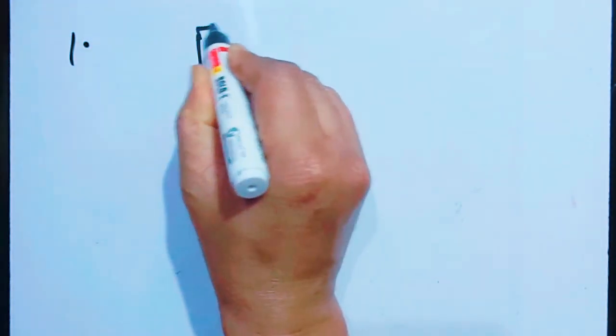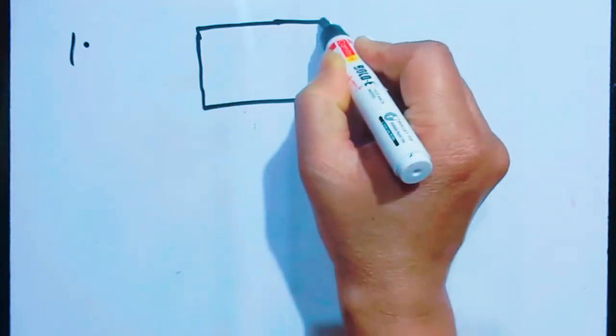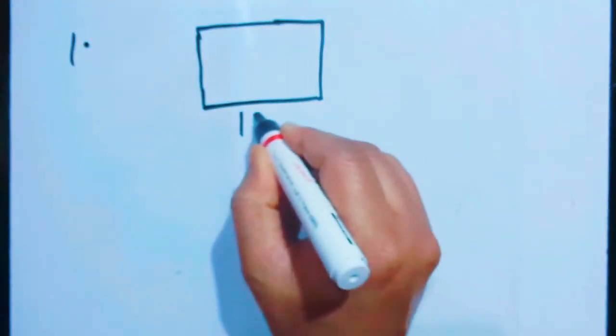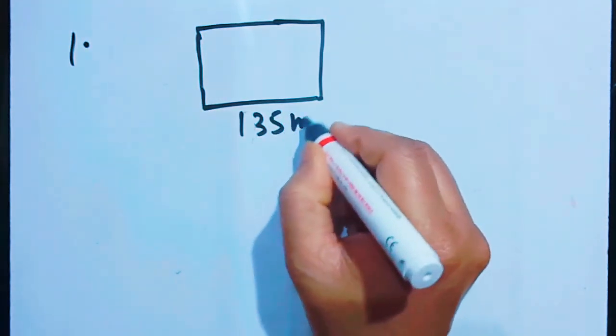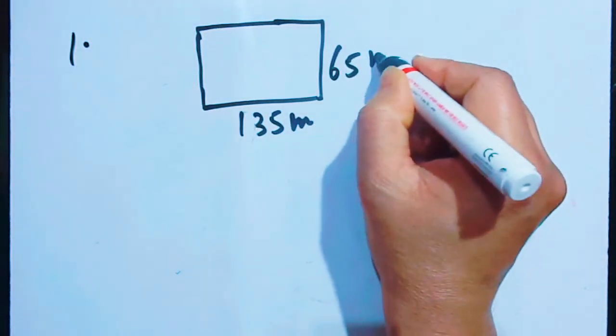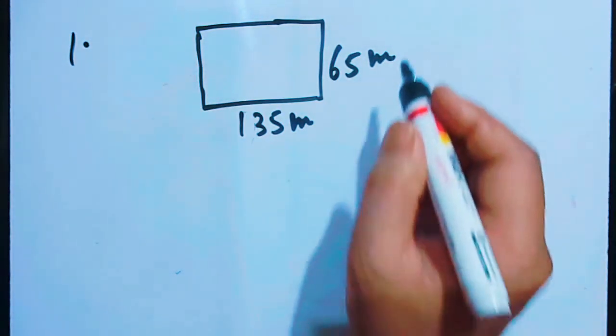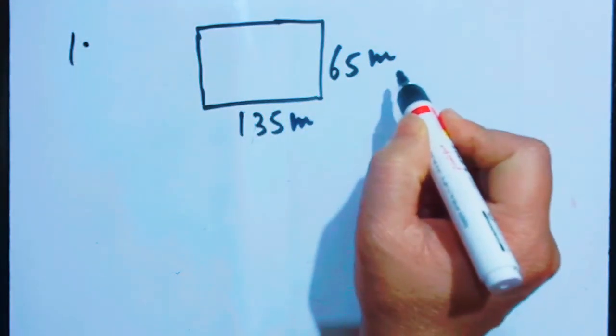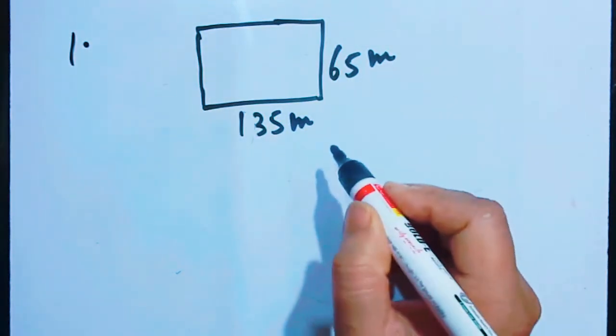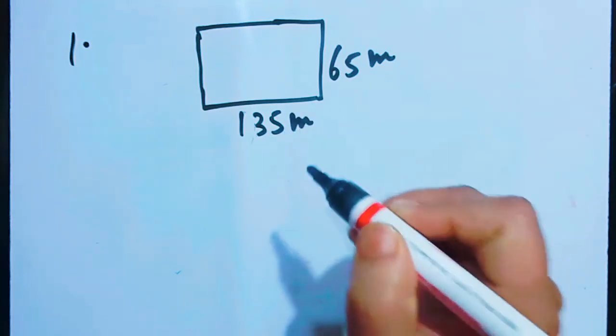Let us come to a few sums based on this, of the same type. Number 1 says the length and breadth of a rectangular plot, the length is 135 meter and breadth is 65 meter. Now they say find its perimeter.